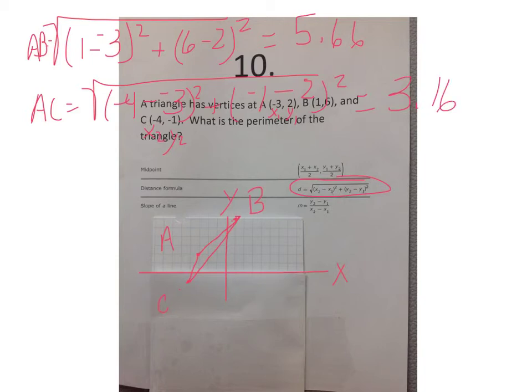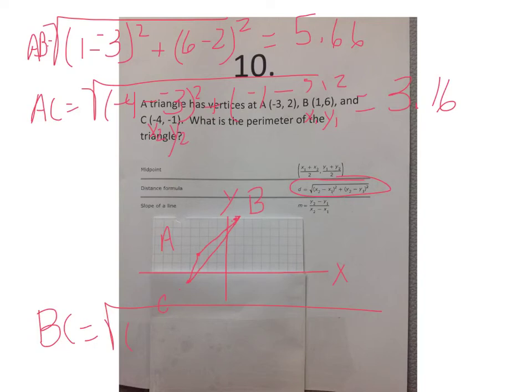Okay, so now we're going to erase again. And then we're going to find BC. That's the only one we haven't done yet. So BC, we get x1, y1, x2, y2.